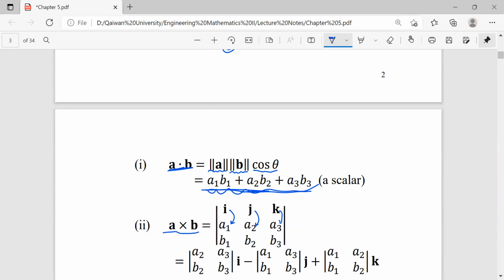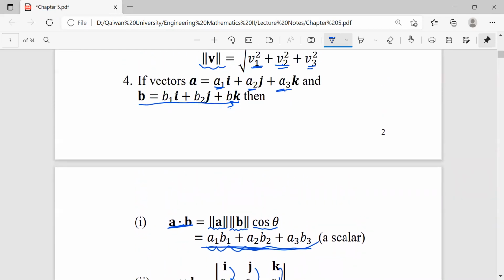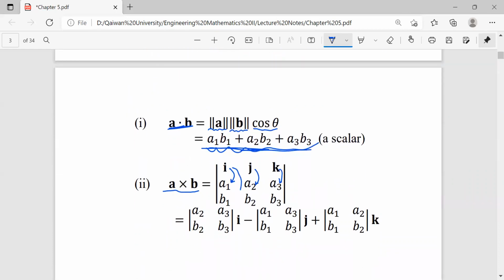Then for vector b, the same: b1 for i, b2 for j, and b3 for k. Now we find the determinant of this matrix.